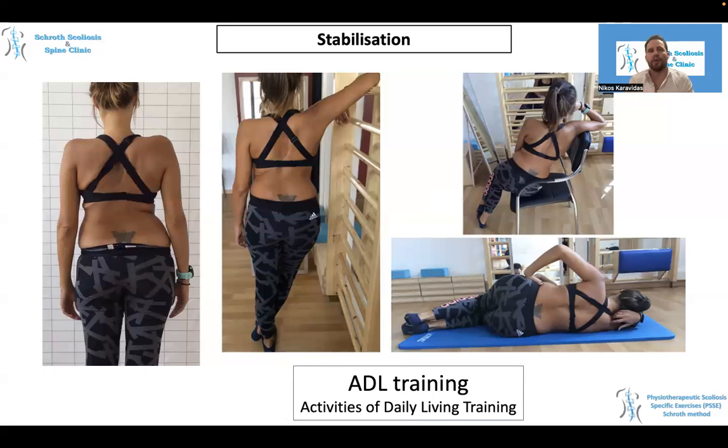This is impossible, because at the same time, for the ADL training, you also need your patient to be able to hold this position for a long time, because this is the purpose of the ADL training. You need corrective positions for the main curve and to be comfortable in some way, so that the patient is able to hold this position for a good duration during the day, because this is exactly the concept, to unload the spine in daily life activities.